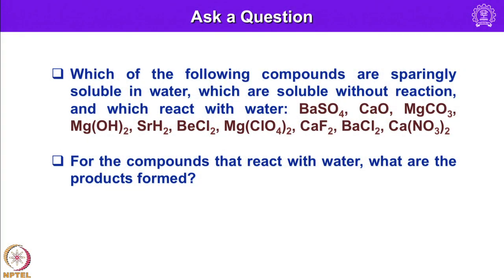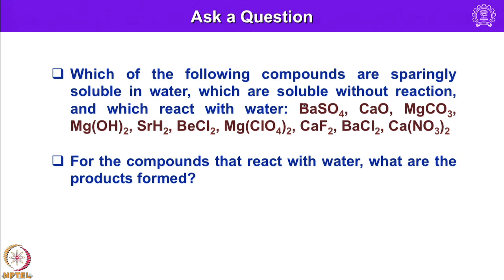So, let us look into a couple of more questions here. I have given a list of alkaline earth metal salts, various salts. Which of the following compounds are sparingly soluble in water, which are soluble without reaction and which react with water?